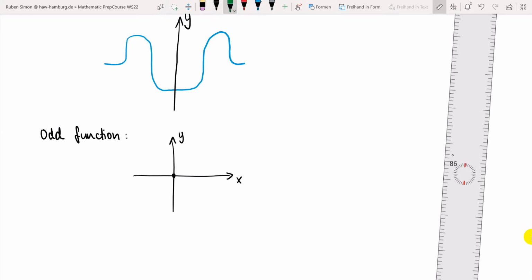So you could think of a function that goes like this, for example.